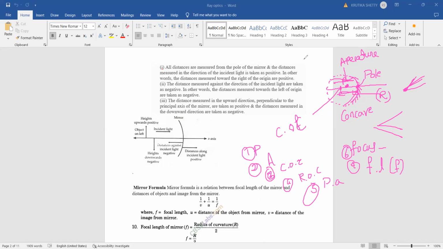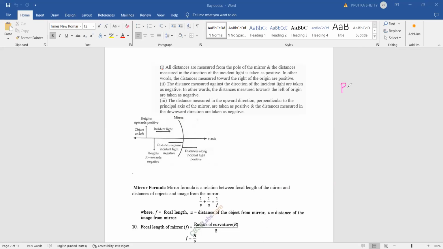So in total we have 7 definitions, and you should know all 7: pole, aperture, center of curvature, radius of curvature, principal axis, focus, focal length. These are the 7 definitions which we study here. Then next, if you know these, you will understand sign conventions. You can see now.